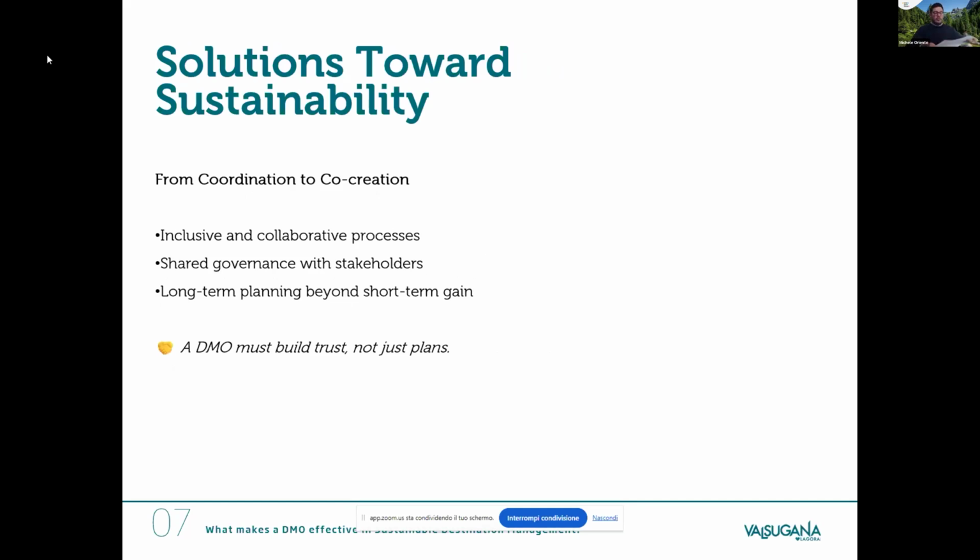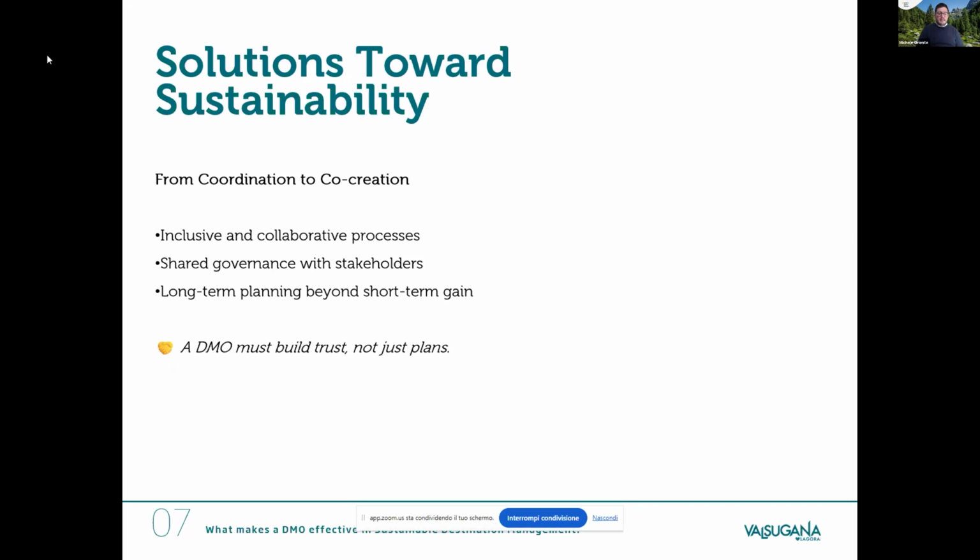Solution and sustainability. Two words: coordination and co-creation. Creation of an inclusive and collaborative process.